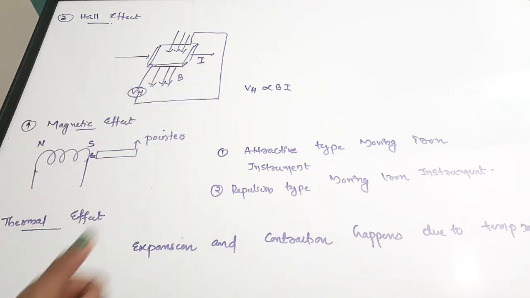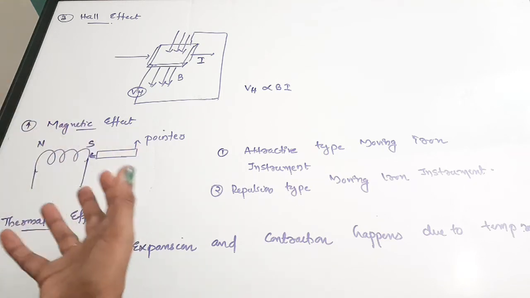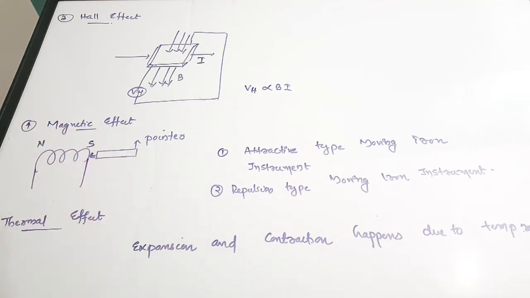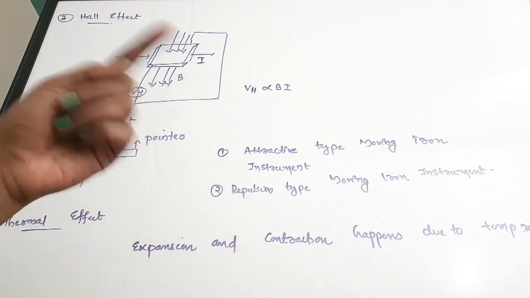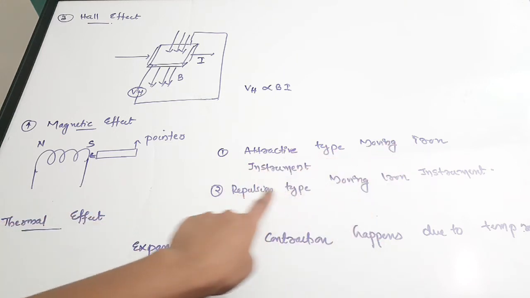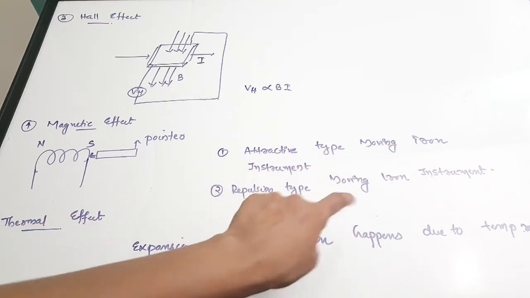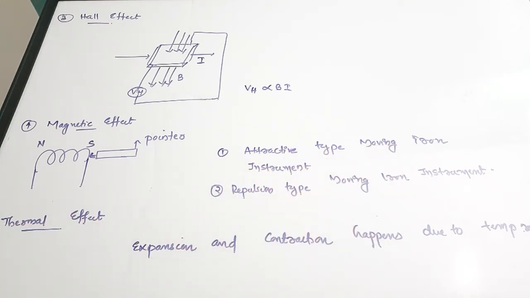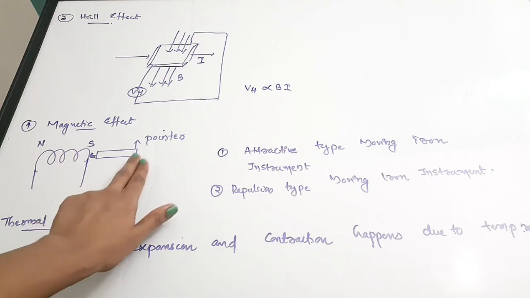Now this force can be either attracting type or repulsing type, right? Based on the position of the magnet and the conductor, it can be attracting or repulsing, and hence this type of instruments can be of two categories: attractive type moving iron instrument or repulsion type moving iron instrument. Whether the force is attracting the conductor towards it or repulsing it, there is a movement of the pointer happening.